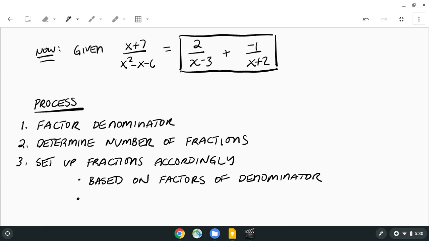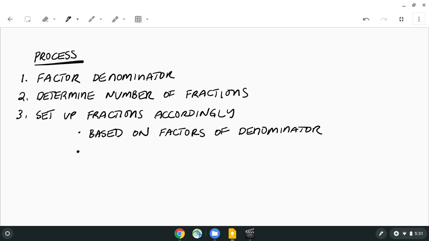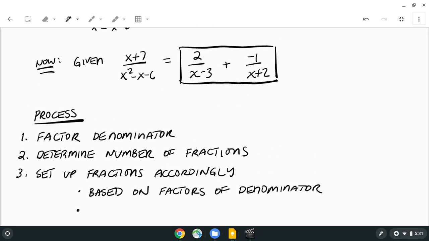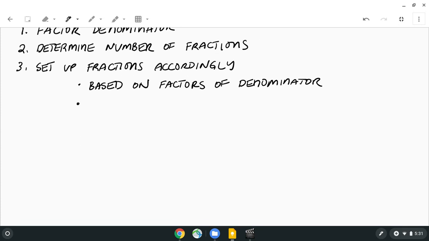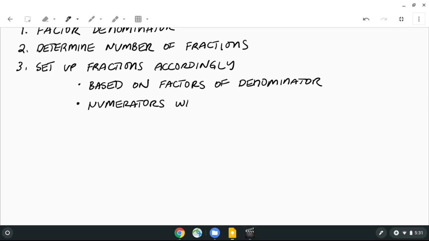You'll notice that the x minus 3 and the x plus 2 come from the factors of x squared minus x minus 6. And what's going to happen here is we're going to be solving for the numerators. We're going to try to figure out what the numerator of each of those fractions is. In this case, it's a 2 and a -1. Once you set up your fractions, your numerators will have variables, and this is what we will be solving for.